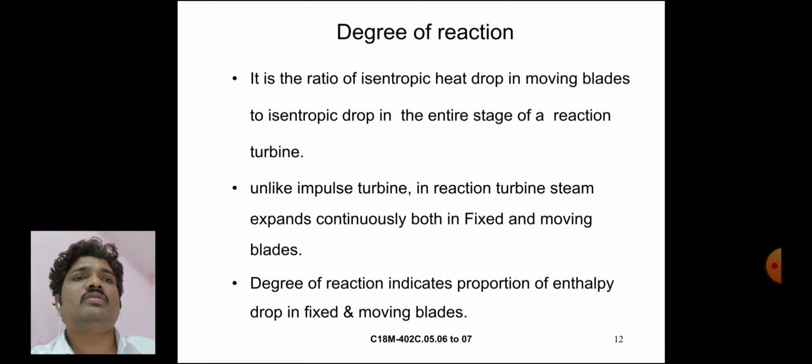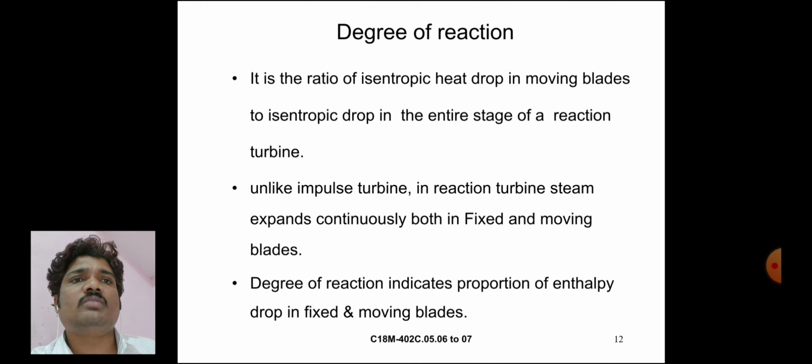It is the ratio of isentropic heat drop in moving blades to isentropic drop in the entire stage of a reaction turbine.